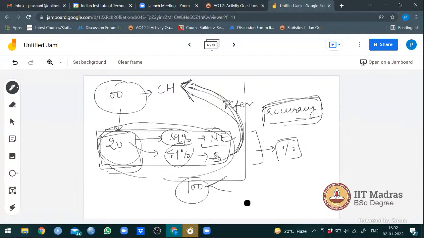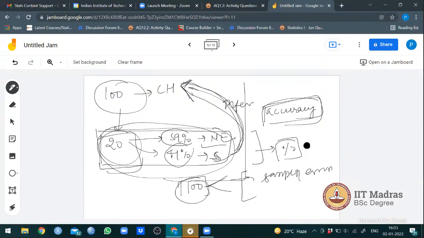See, in that case, there are other parameters, like sampling error types of things. If there is no sampling error, and sir, your voice is breaking. One second.